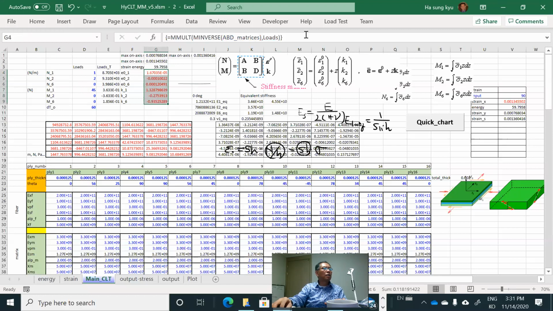This one needs to be changed like that. Okay, and then Control Shift and Enter. Oh, okay, sorry. Oops.